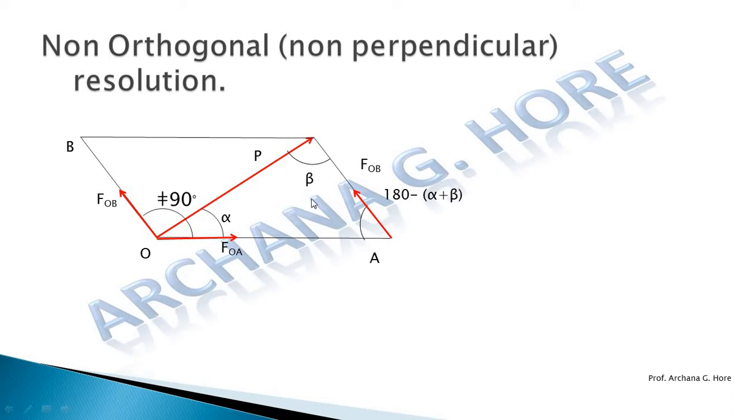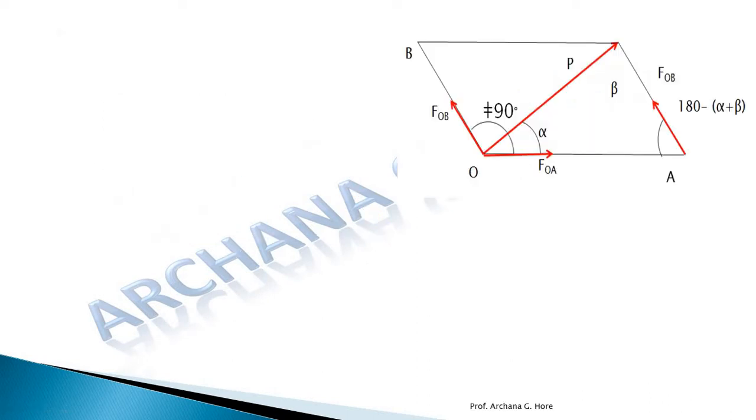Now I choose this triangle. So we get these three angles. This is the force OA and force OB, and this is the original force. Now in this triangle apply the sine rule. What is that sine rule? See, this is our diagram.